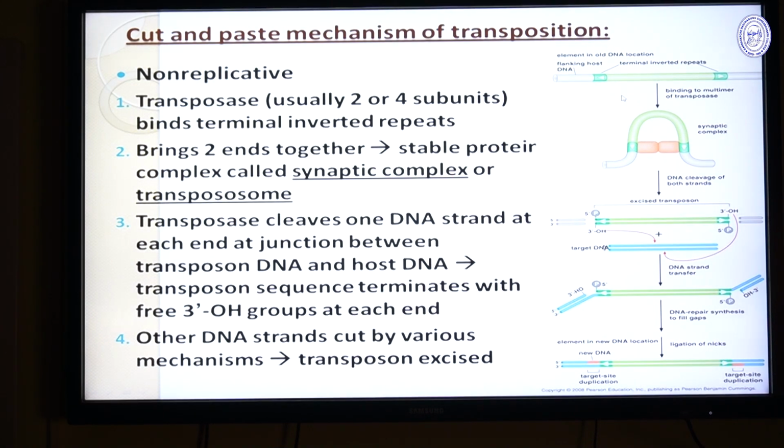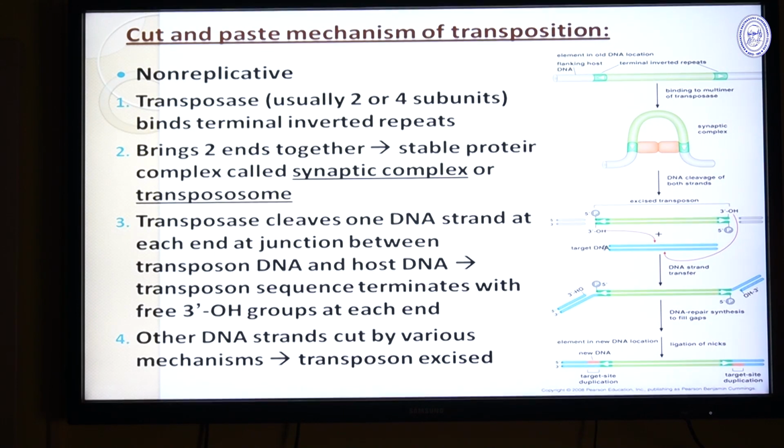Now, the transposase is an enzyme produced from this light green colored gene part. This enzyme is usually a 2 or 4 subunit enzyme. This is the only enzyme that helps the transposon to cut off from its original position and get inserted into the new DNA.